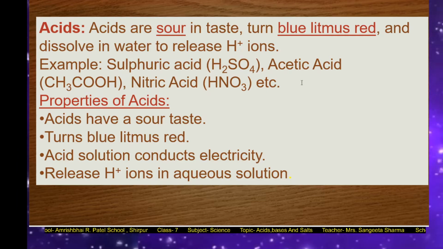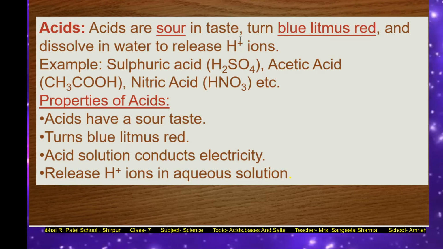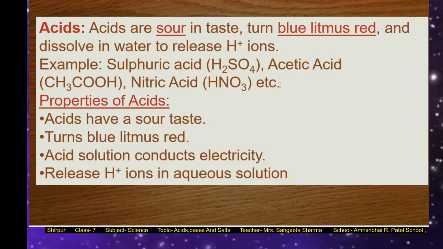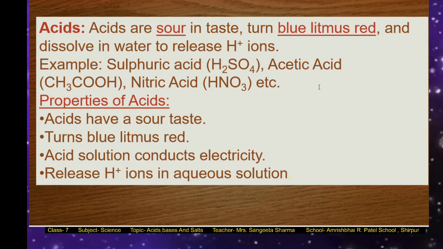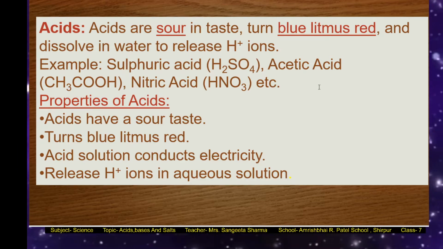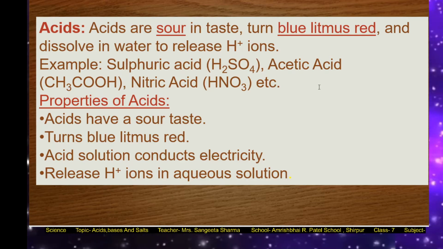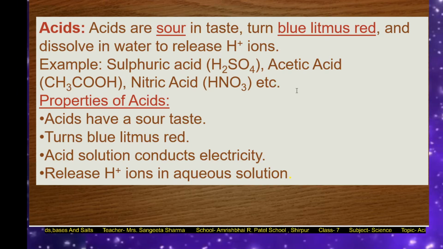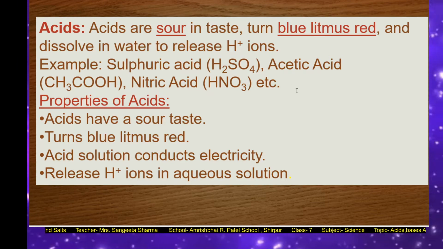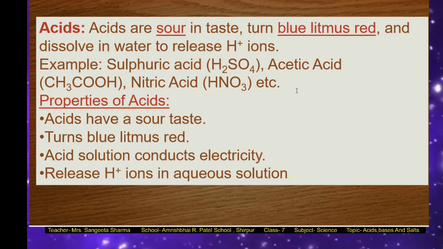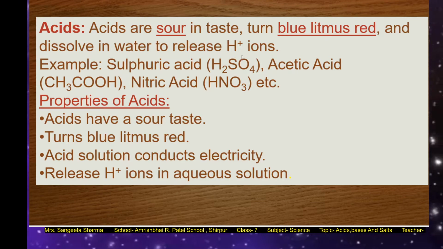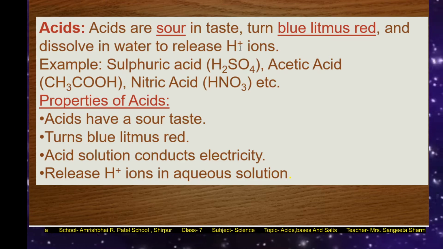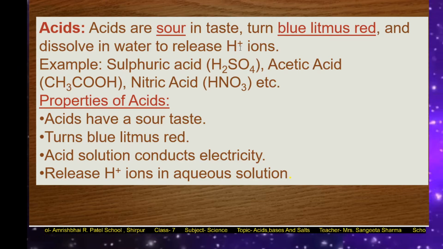Now again the question arises in your mind, what are H positive ions? You have already studied that the atom is made up of electron, proton and neutron. So we are talking about H positive. That means this hydrogen atom has given one electron to another atom, to another element, and that is why the proton is left inside the atom, and proton is a positively charged subatomic particle of an atom.